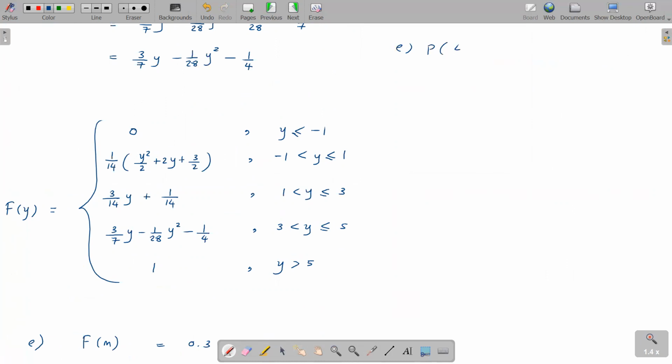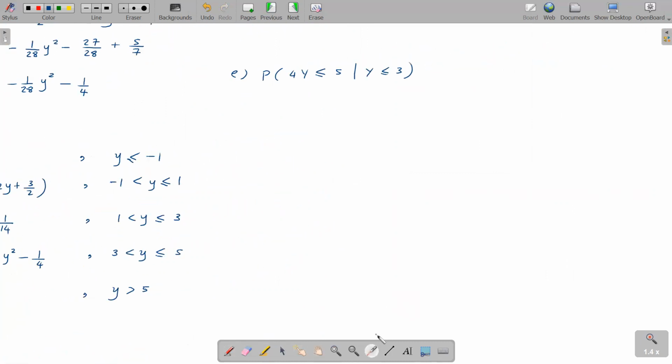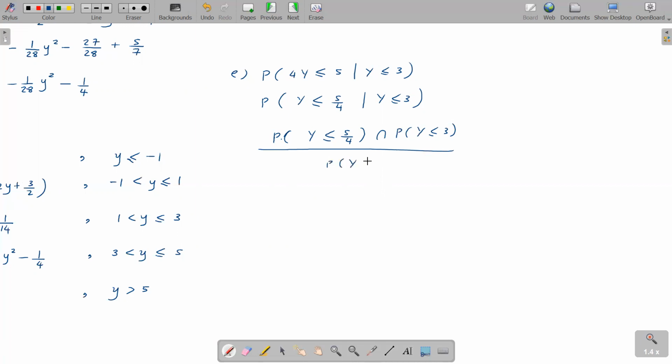This is a conditional probability, right? So y is less than or equal to 5 over 4, given y is less than or equal to 3. When you expand this bracket, A given B is A intersection B divided by the probability of B: y less than or equal to 5 over 4 intersection y less than or equal to 3, divided by the probability y less than or equal to 3.